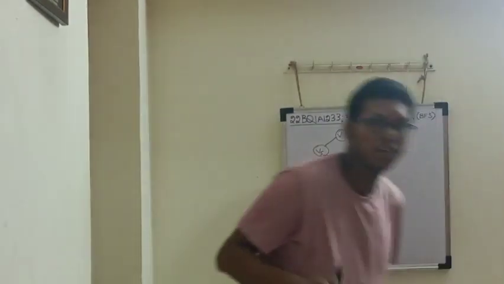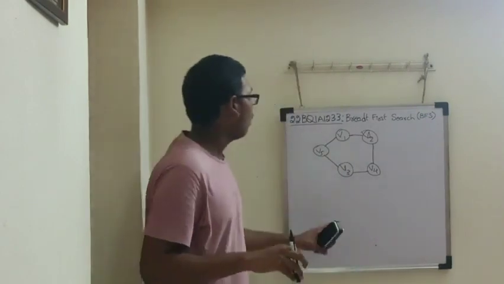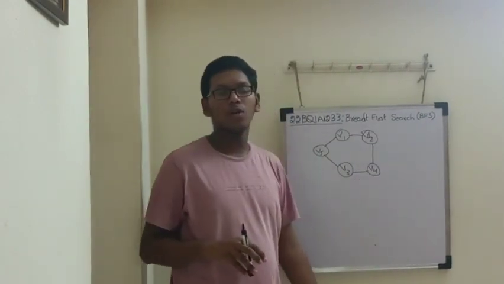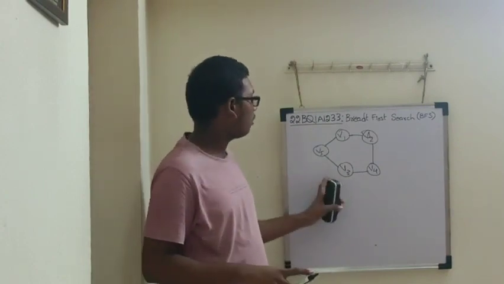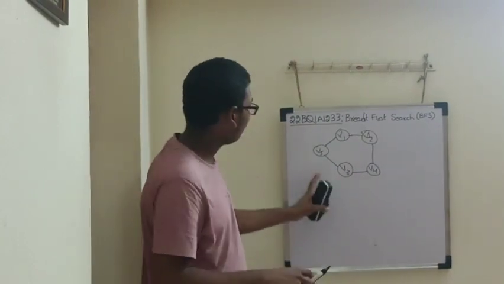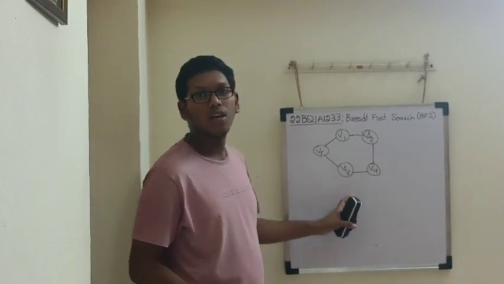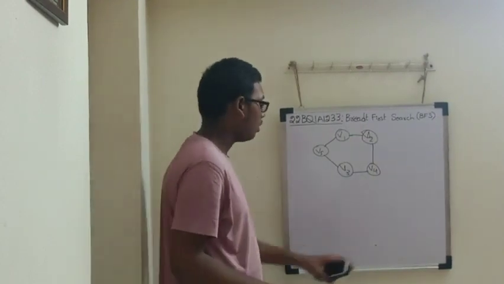So first of all, we are going to use queues in this breadth first search algorithm. So we are going to declare a queue of size which is equal to the number of vertices. So here we can see that there are 5 vertices. So I am going to declare a queue with size 5.